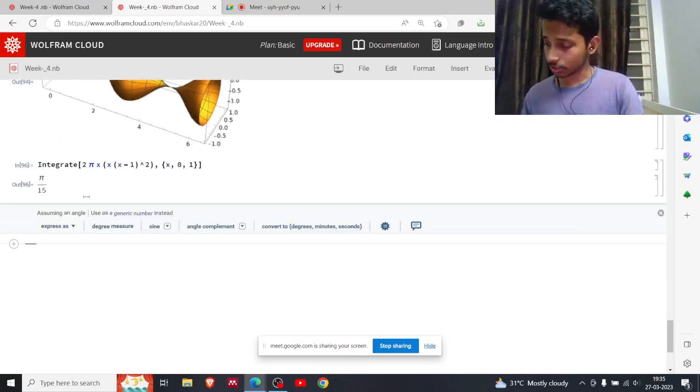So this is a problem where we find the volume enclosed when y equal to x into x minus 1 whole square, in the range for x 0 to 1, rotated about the y-axis.